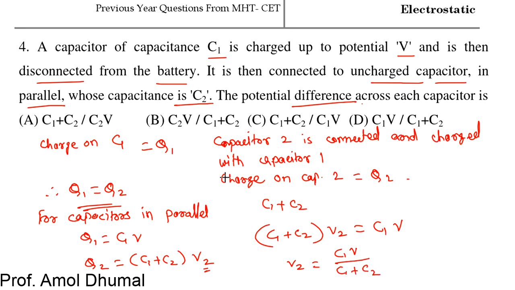So this is the required equation, which is option D, C1 V divided by C1 plus C2. So V2, the potential difference across each capacitor when they are connected in parallel, is given by this equation. Some other questions are discussed in the next part of the video for electrostatics solutions. Please do watch the next part.